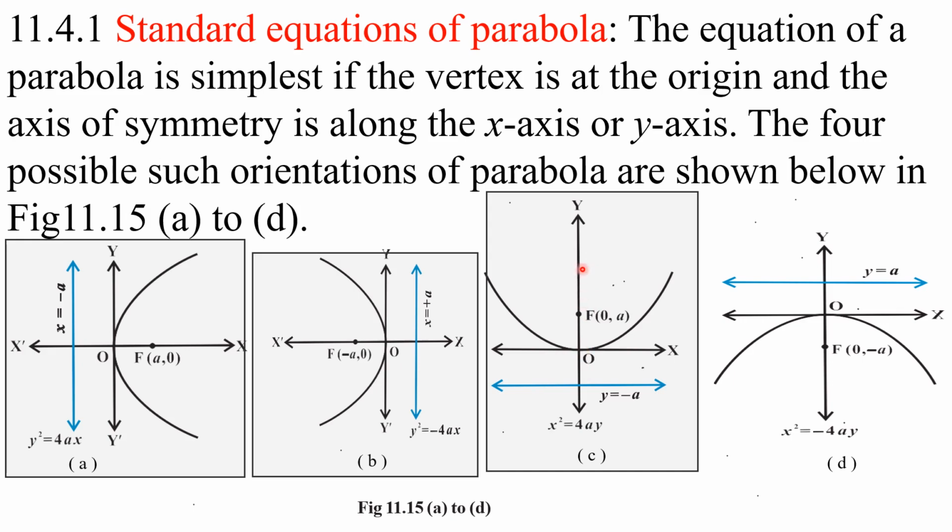This is the axis of symmetry of the parabola, or simply we call it the axis of the parabola. Here positive y-axis is the axis of this parabola. Understood this point, my children? Here this parabola extends upwards indefinitely. Understood this figure C, my children?